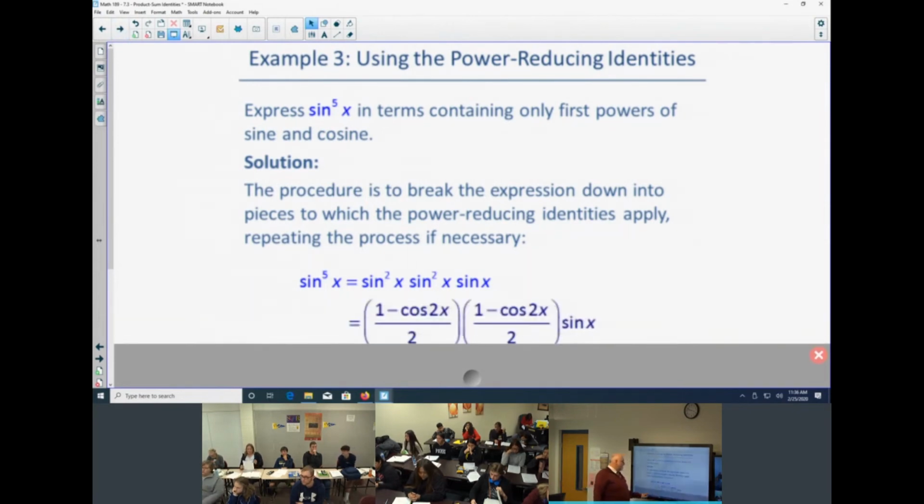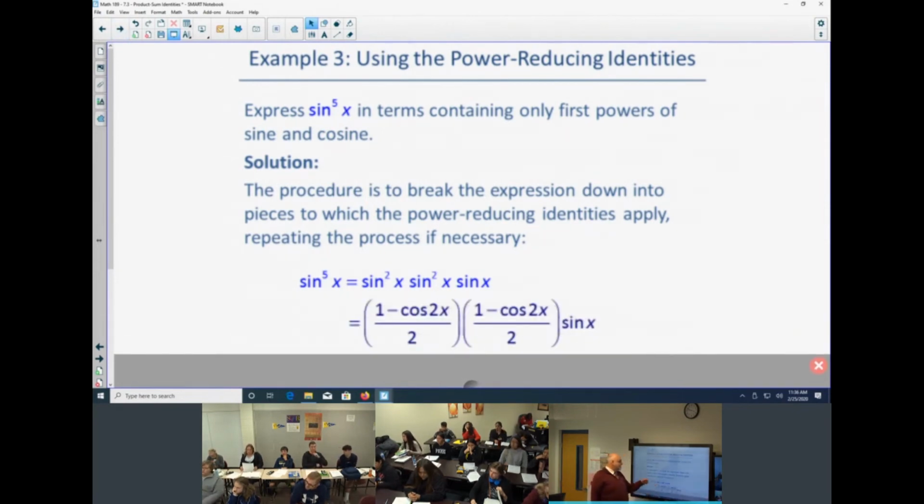And so I'm going to have 1 minus cosine 2x times 1 minus cosine 2x times sine x. And that's all we're going to do on that. So it's just applying the proper formula. So go ahead and try practice 2.